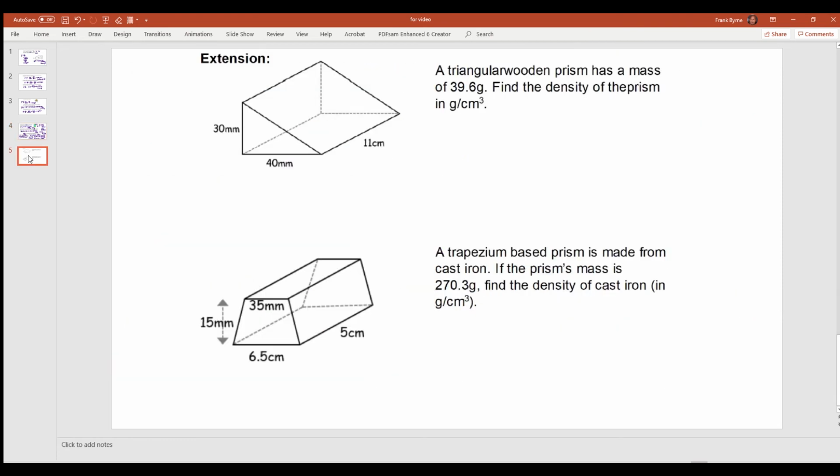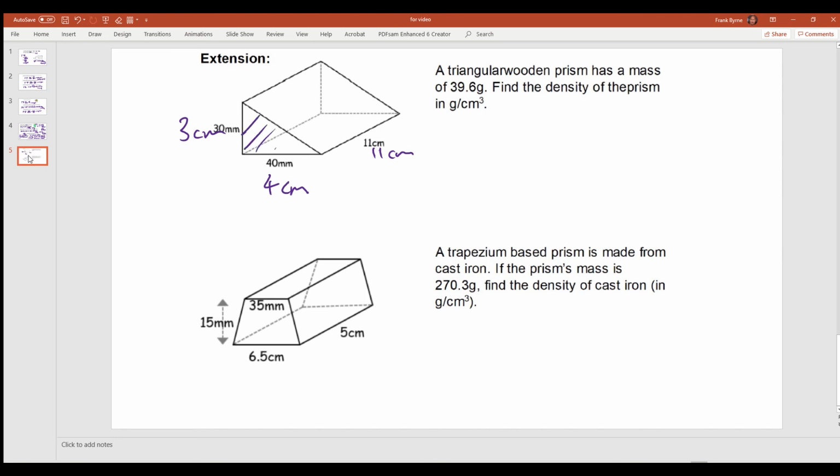Okay, here's some little tricky extension questions. Find the density of this prism and this trapezium, in grams per centimeter cubed. First of all, I'm just going to change these all into the same unit. So I'm going to get 4 centimeters, 3 centimeters, and then I've got 11.